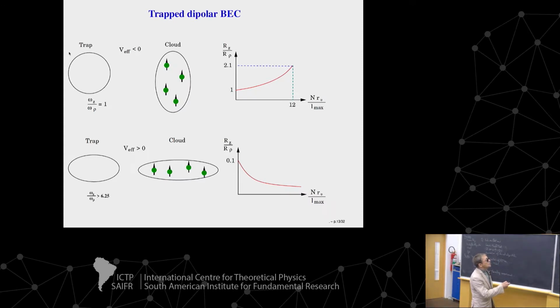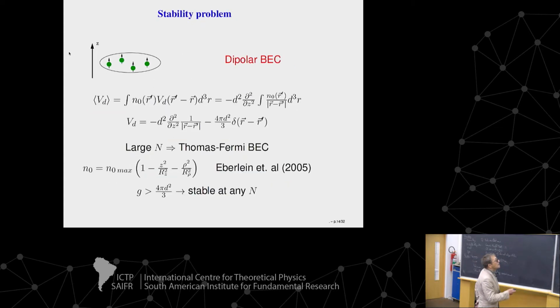This is the ratio of the axial to radial size, which increases with increasing dipole-dipole interaction, yes? If the trap is like that, yes, then V effective larger than 0, the cloud will look like that. And then this is, again, the ratio of the axial to radial size, yes?